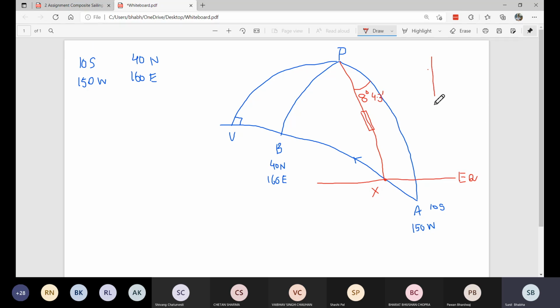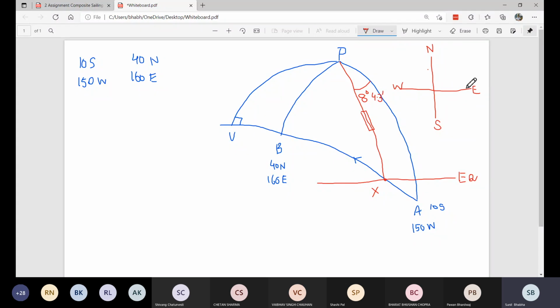Now always remember beta, in these triangles which we are making, the diagrams which we are making, the directions are always maintained accurately. Means you go upwards, it will be north direction. You come downwards, it will be south direction. You go towards the right, it will be easterly direction.